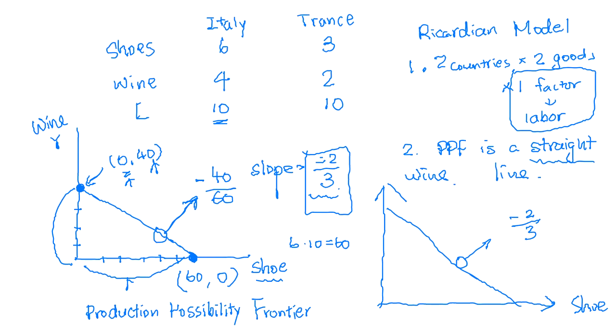The Ricardian model is the base of all neoclassical trade theory. You have to understand it in and out. So it turned out that Italy and France are the same. How do we determine the absolute advantage?